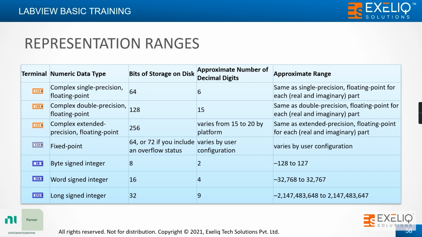Similarly, here you can check what is your requirement, what is the range that you require for the specific element, and based on your range you can select the proper data type or the representation of your data type. So if you have the range of, let's suppose, -128 to 127, you can select I8 and it will range the data from -128 to 127. It will only take 1 byte or 8 bits of memory space, and it has 2 decimal digits, right?